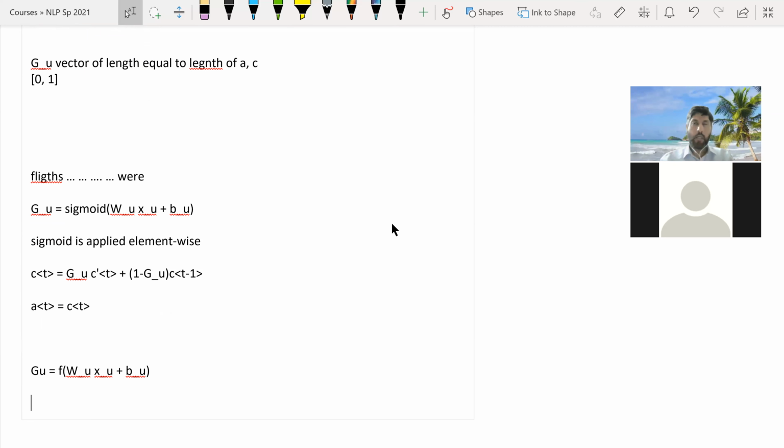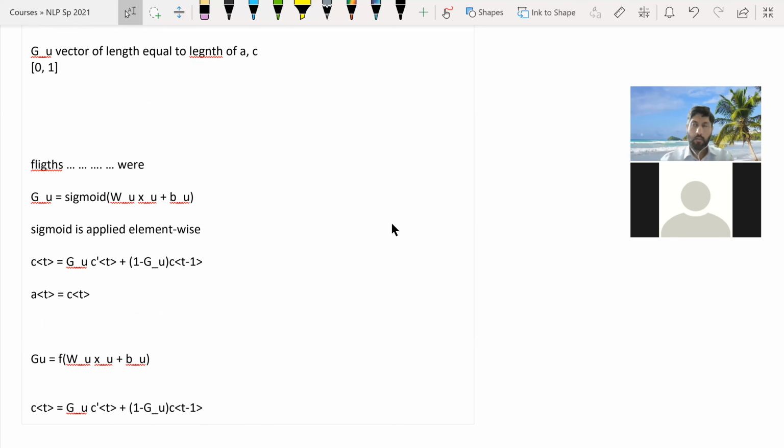In some other models, a further gate is also often used. And that is applied in different places.